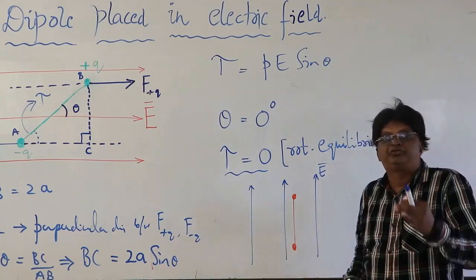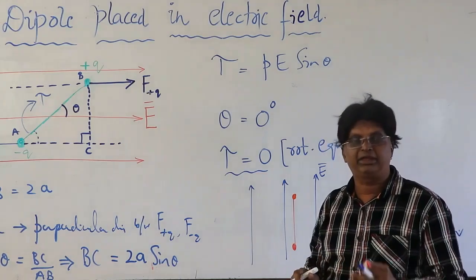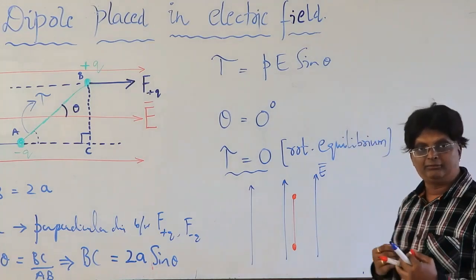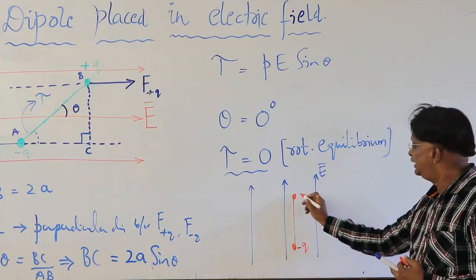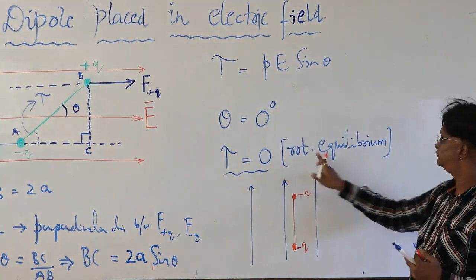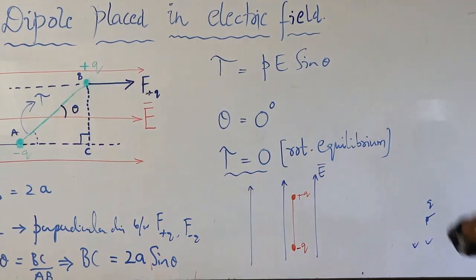Your understanding from such cases, though they may look trivial, is very important and speaks about the strength of our concept. So this is minus Q and this is plus Q placed like this. Now theta equal to 0, tau equal to 0, and it is a rotational equilibrium.